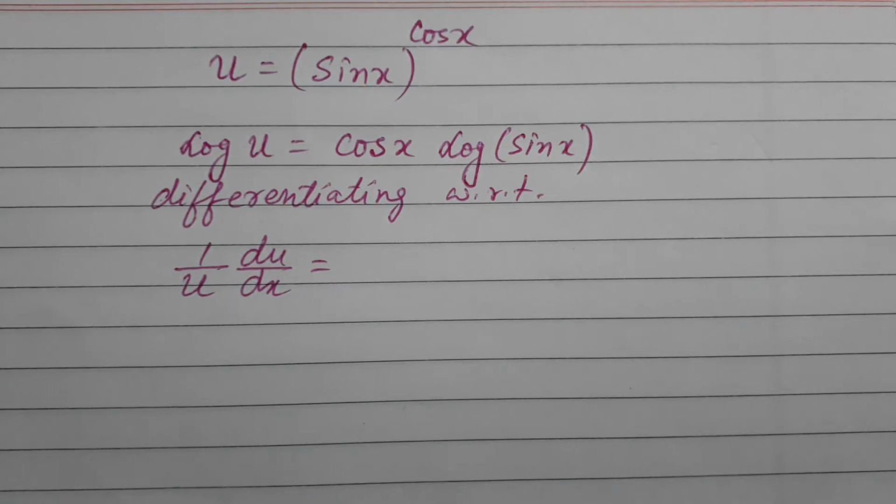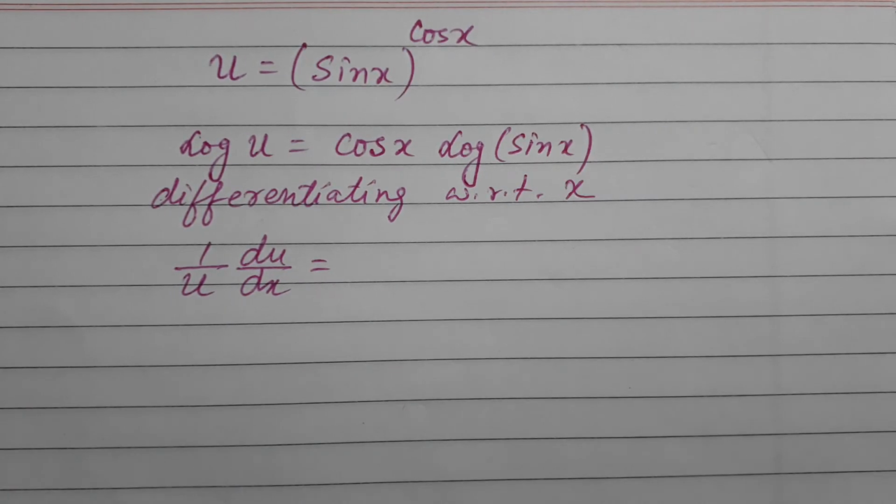Now after differentiating with respect to x, we get (1/u)(du/dx) on the left hand side, and we will apply the product rule on the right hand side. So first we differentiate cos x and leave log sin x.